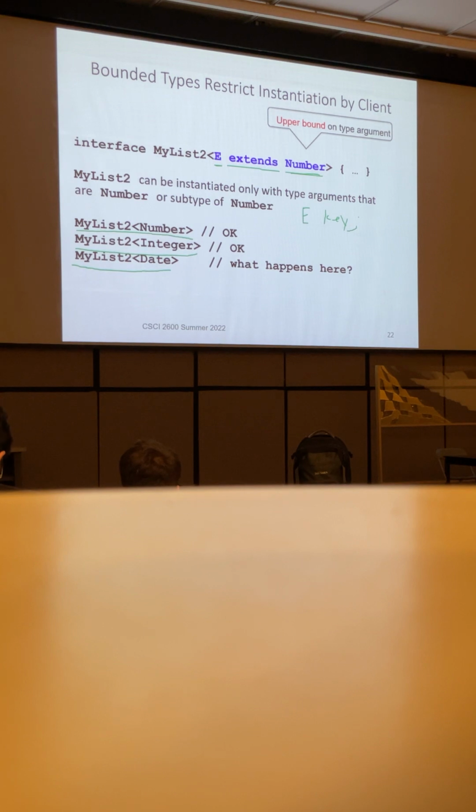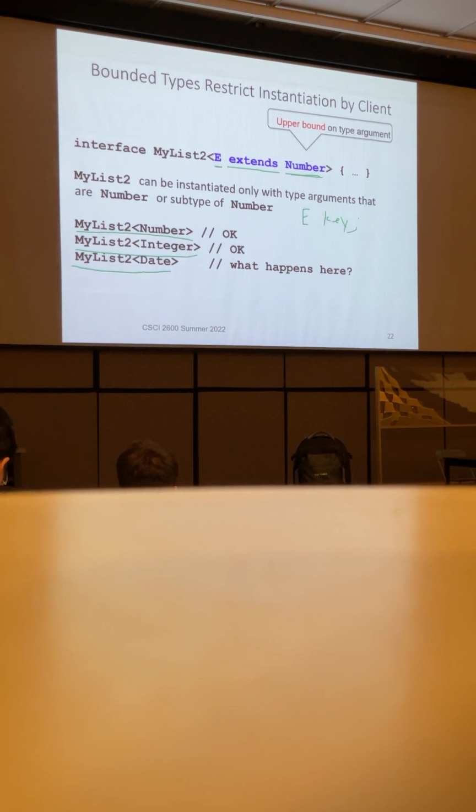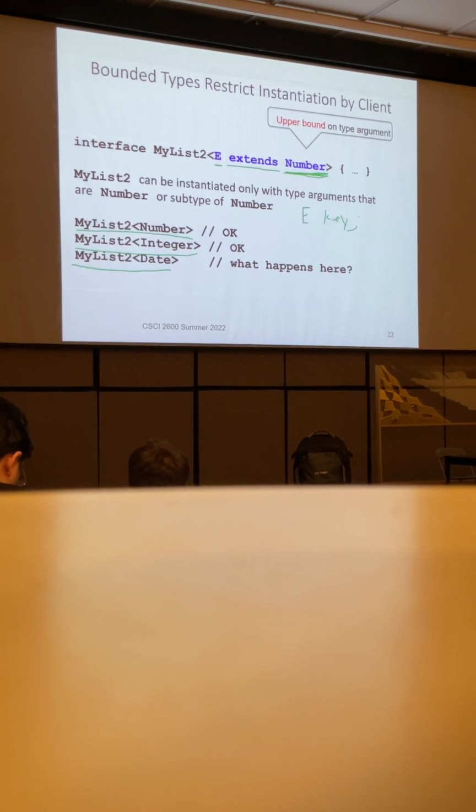So you know that you can use key to call any accessible method of class Number, or access any accessible field of class Number, right? That is why you typically want to bound the type arguments that your generic class should be instantiated with.